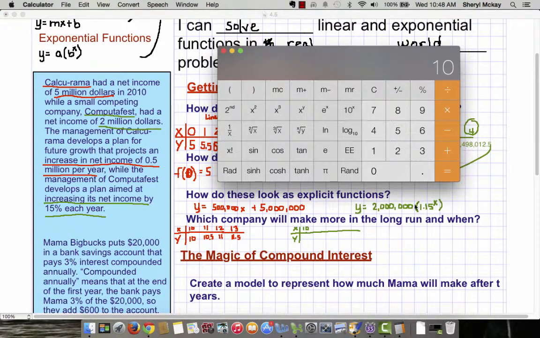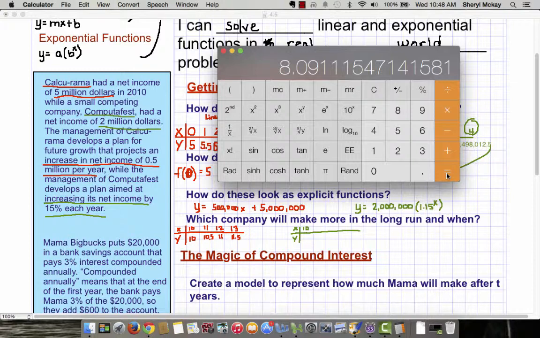I'm going to multiply 1.15 to the 10th power, 1.15 to the x, and I'm going to say it's the 10th power. And that's 4.04555, a bunch of other numbers. And then I'm going to multiply that times 2. And that's basically 8 million. So I'm going to say 8.09 million, okay?